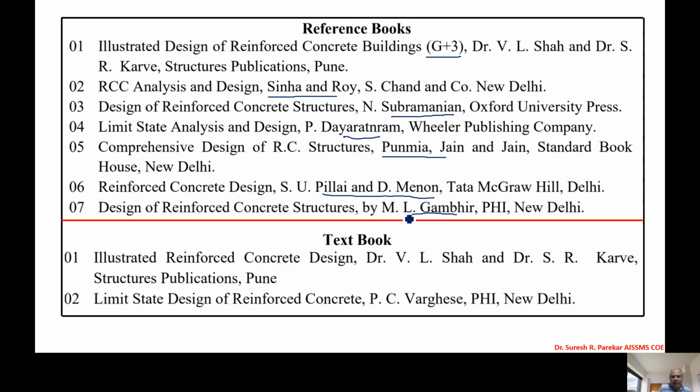Generally our students use V.L. Shah and Karve, that is Illustrated Reinforced Concrete Design. G+3 is actually required for design at site. For our syllabus, Shah and Karve will be better. Varghese is also a good book. You can go with any of these, but this is preferred.